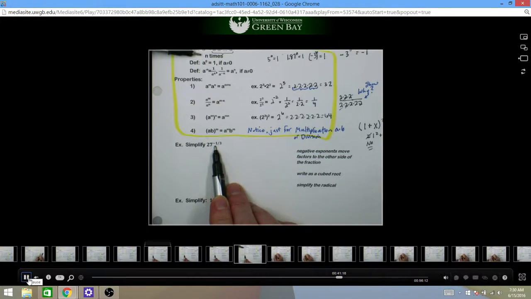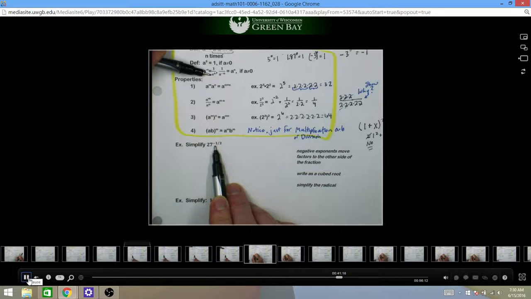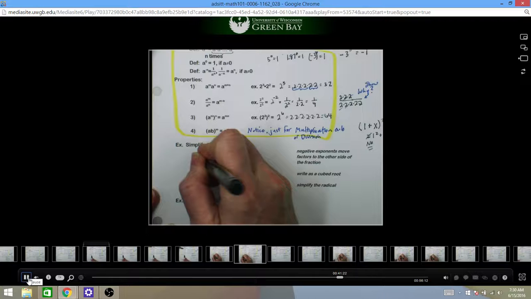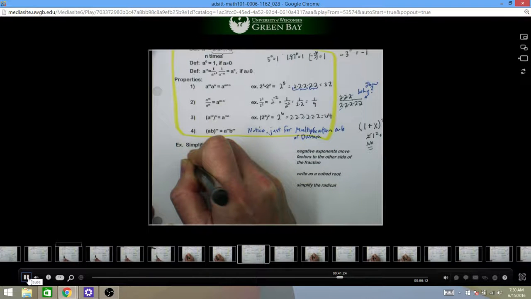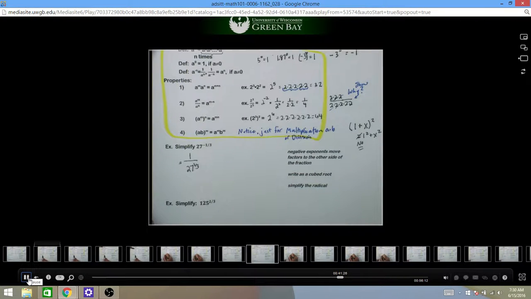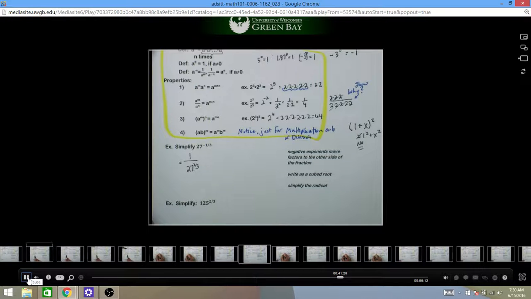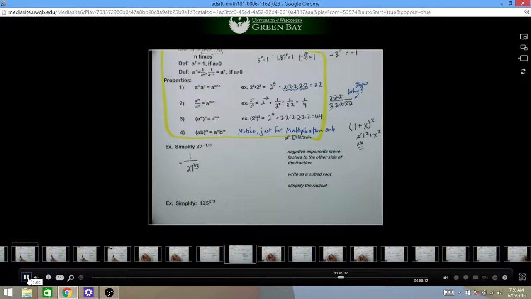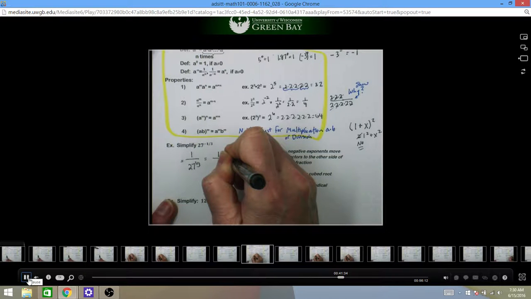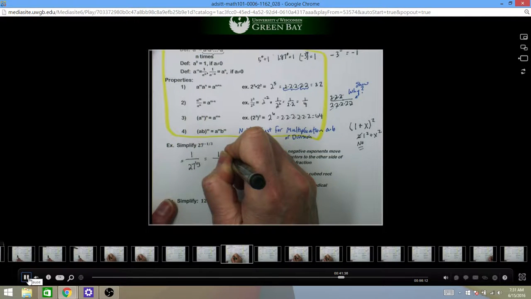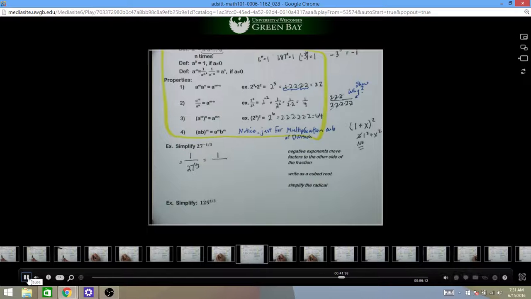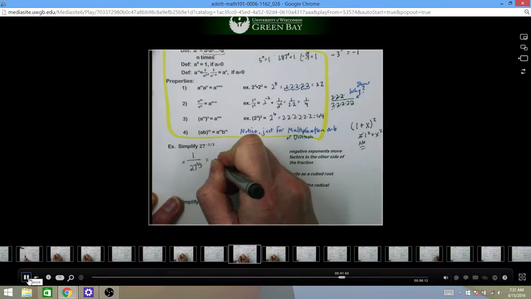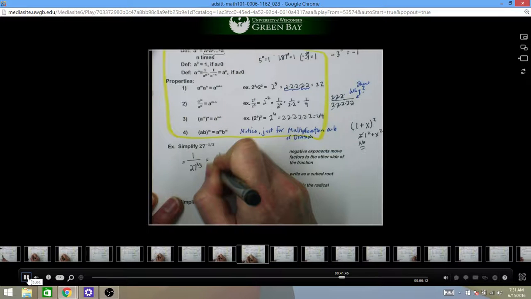So this is 1 over 27 to the 1/3 power, positive 1/3 power. And then the 27 to the 1/3 power, well, we saw up above that you can take that exponent and write it as a root. It's the cubed root of 27 to the 1 power.